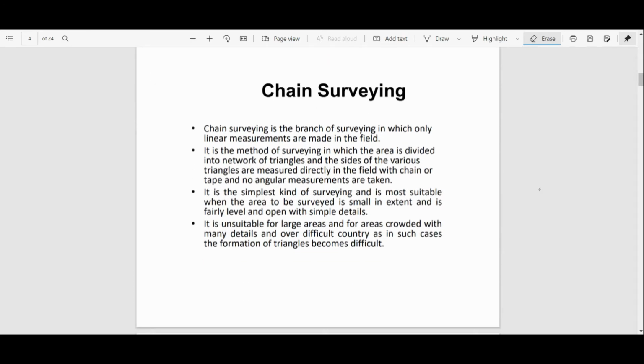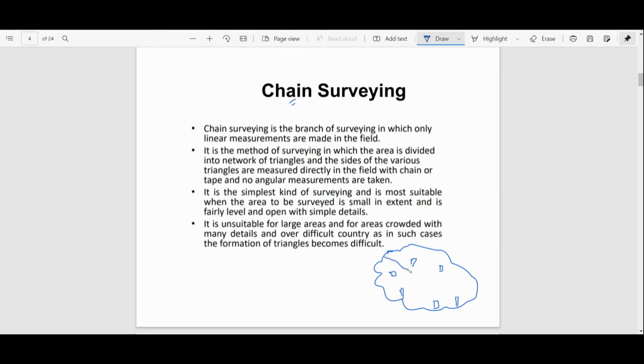Now next one is chain surveying and how it is related to linear measurement. Basically chain surveying is in which we use a chain as an instrument to measure the distances. We already discussed in the previous lectures that if we have this particular area and there are some objects present in the area, and we want to do a construction, so we require the details of the area.